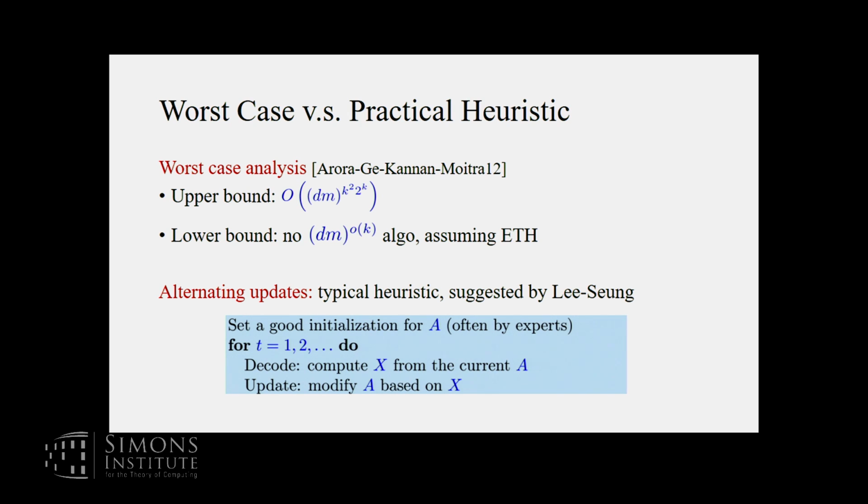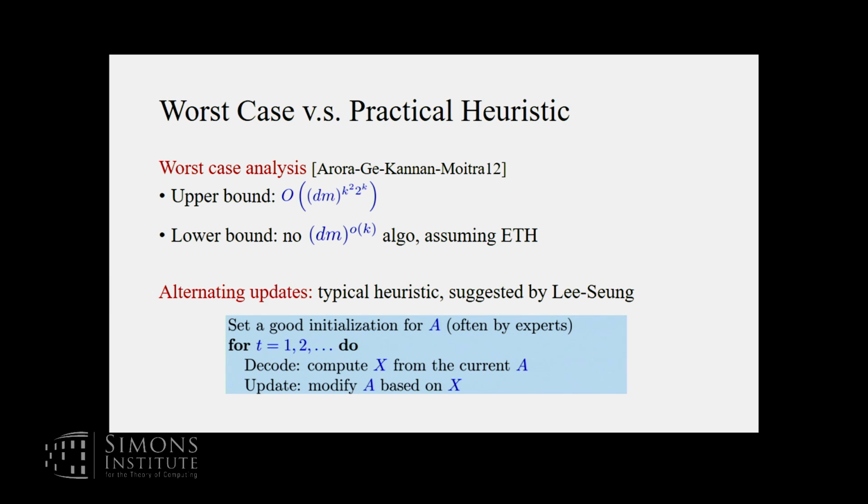for any practical use. But what happens in practice is just this heuristic suggested by the computer vision guys, Lee and Seung, that you can just do alternating update. After setting an initialization, usually set by some human experts on this data set, you can just repeat the two steps.